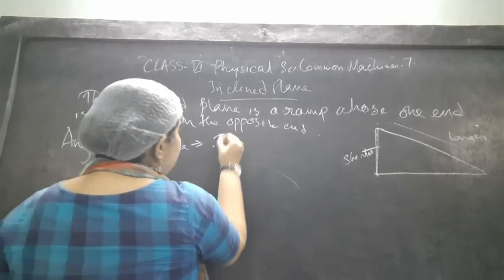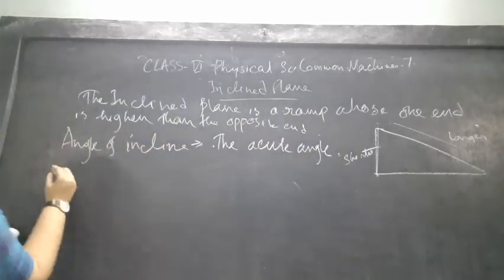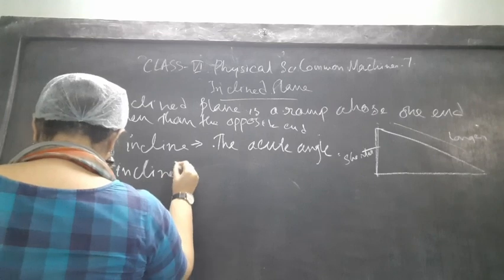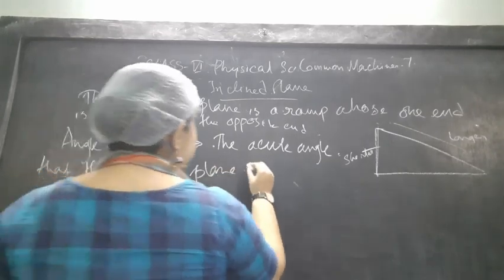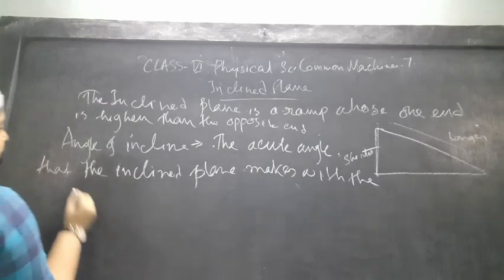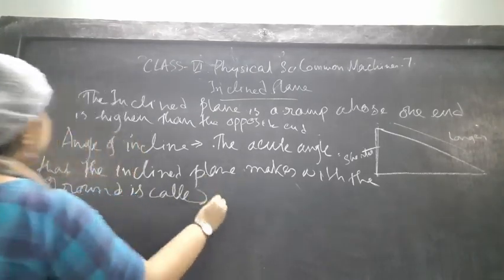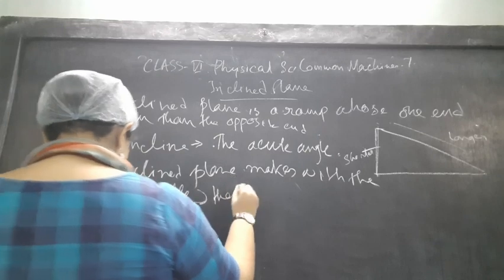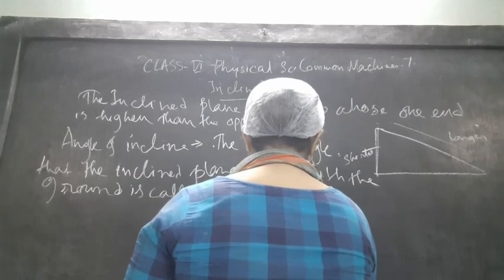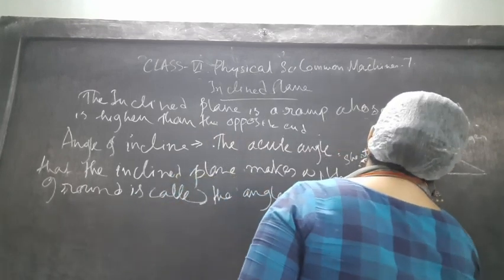The acute angle that the inclined plane makes with the ground is called the angle of incline or slope.